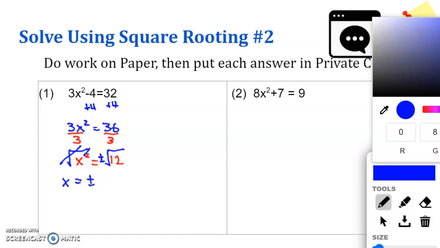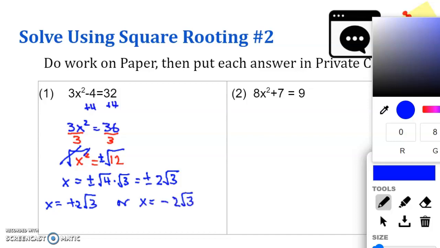Can I simplify this? Yes, I can simplify this as square root of 4 times square root of 3, which is same as plus or minus, square root of 4 is 2, so it's going to be 2 root 3. So x is equal to positive 2 root 3, or x is equal to negative 2 root 3 are my two solutions.